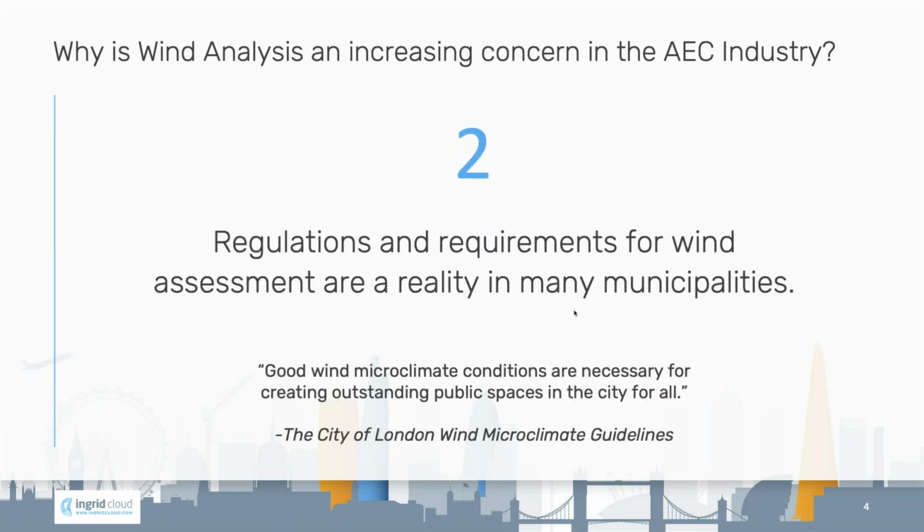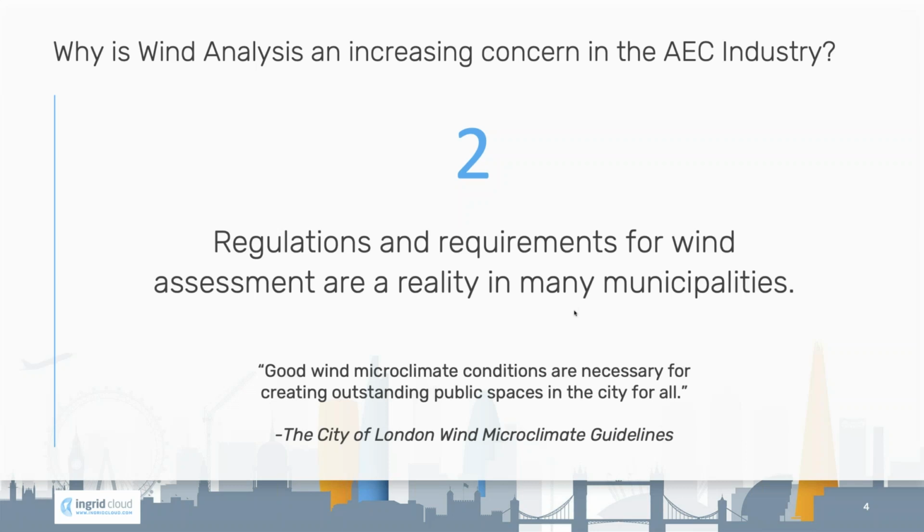Since this is an increasing concern to secure the comfort and safety for the citizens, regulations and requirements for wind assessment are in many cities, especially the ones with high-rise buildings or known uncomfortable areas. These regulation requirements are already a reality.